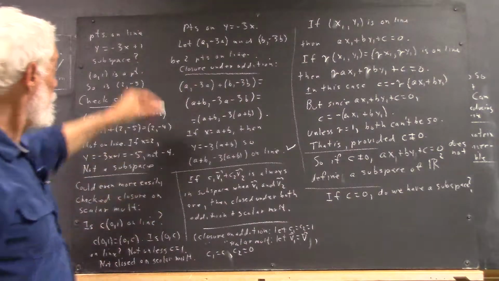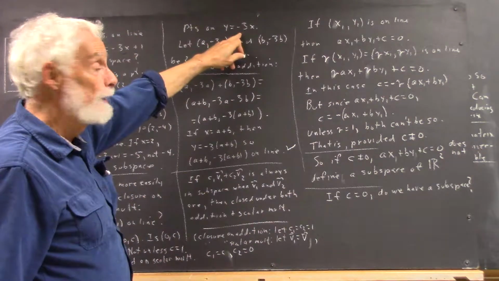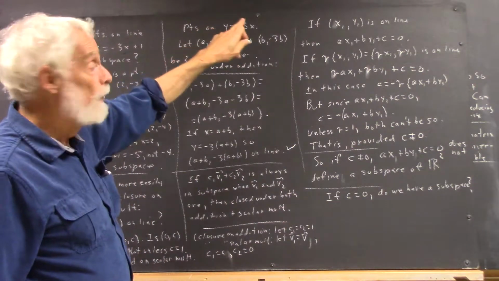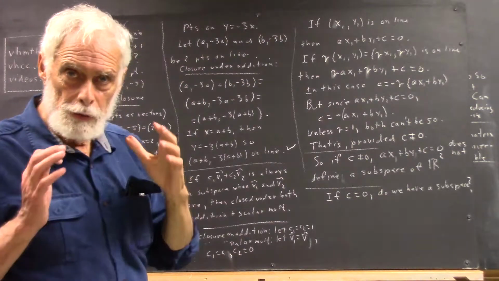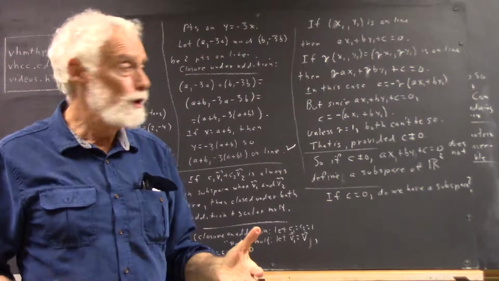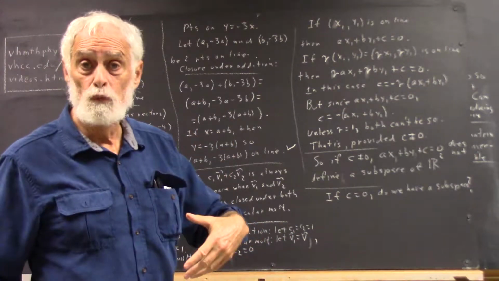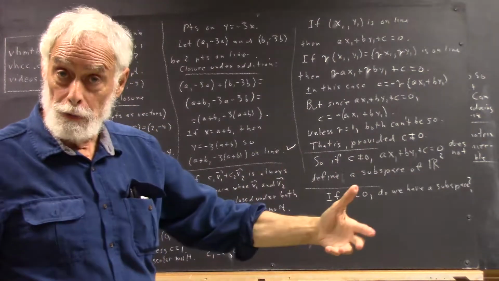Okay? Now, the problem said, okay, show that this isn't a subspace, but this is: the set of points on the line y equals negative 3x. Now, if we're going to try to prove that it is, we'd better not try to prove it just by choosing the point 1, negative 3, or the point 0, 0.